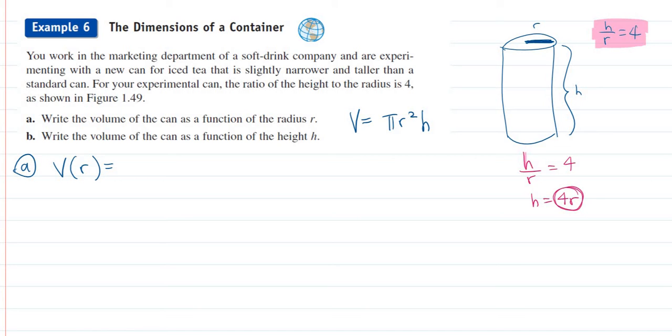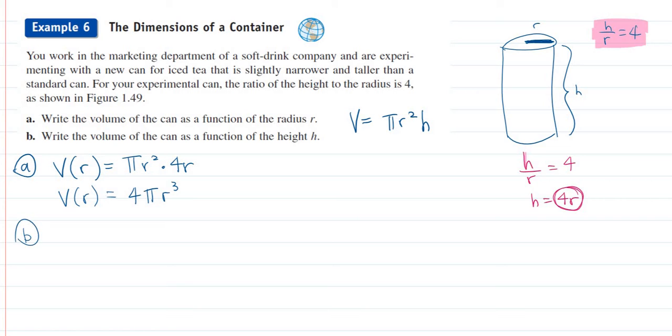Our equation would be pi r squared times 4r, and then we just clean it up. V of r, volume with respect to r, is going to be 4 pi r cubed. So that's the volume of the can as a function of the radius r.